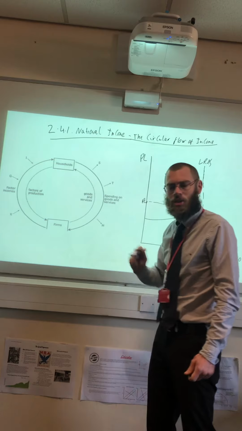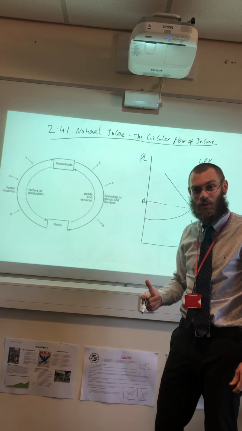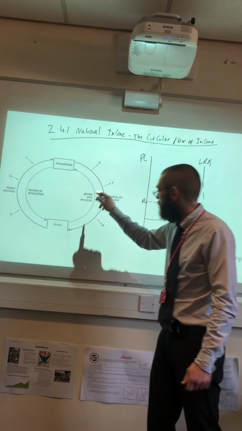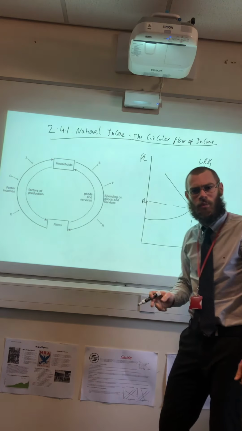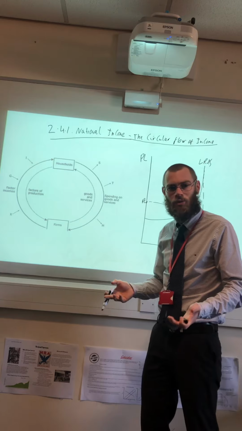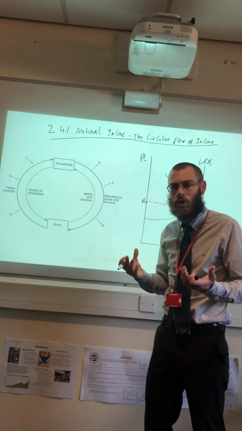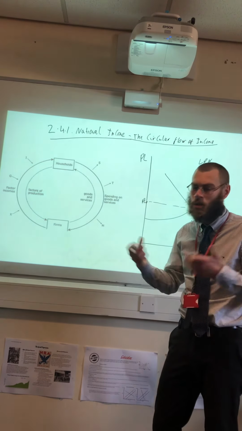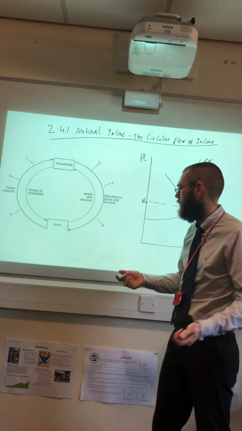However, if they tax too highly, is there an incentive to work? And also, we're reducing the amount of money going around the system. The government needs us spending money. If they take too much, workers won't have as much to spend, which will affect firms and employment.